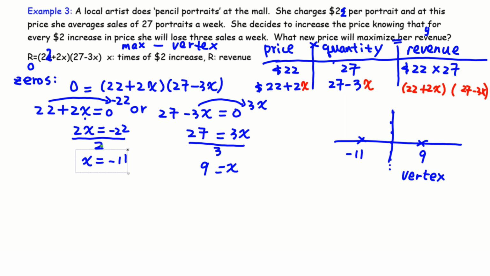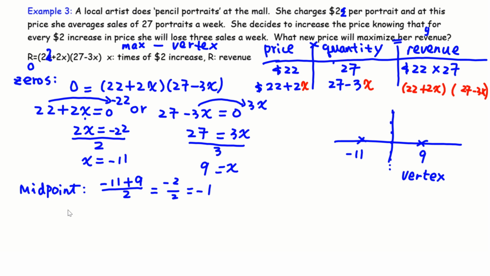So from these two, we want to find the midpoint. The reason for that is the midpoint of the two x-intercepts gives you the vertex. So midpoint means average of the two x-intercepts. Add them together, divided by 2, gives you the average. So you will have negative 2 over 2 gives you negative 1. So this is the p-value.